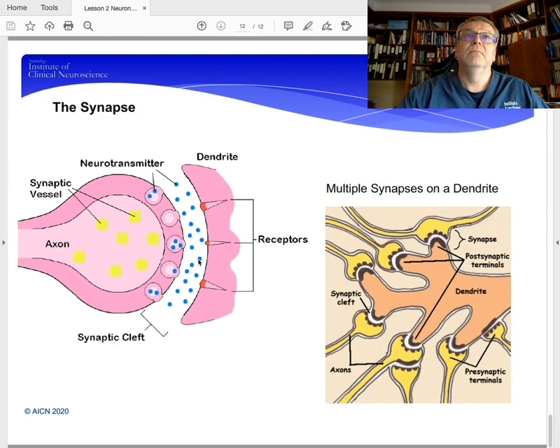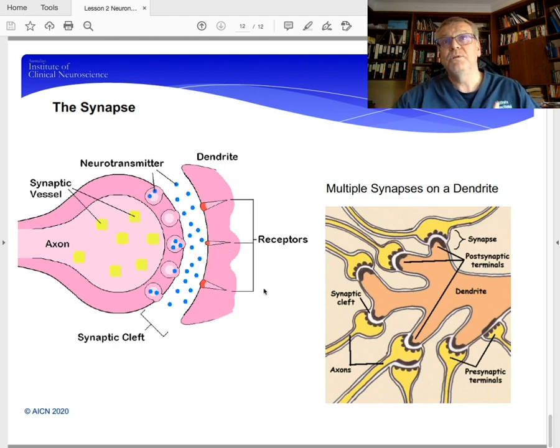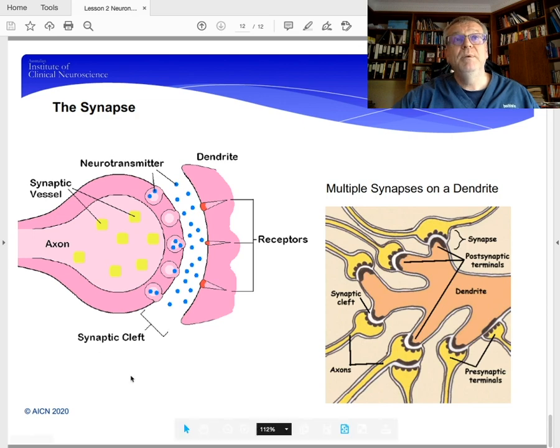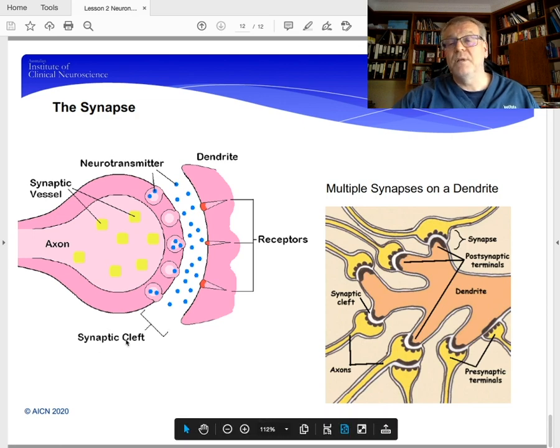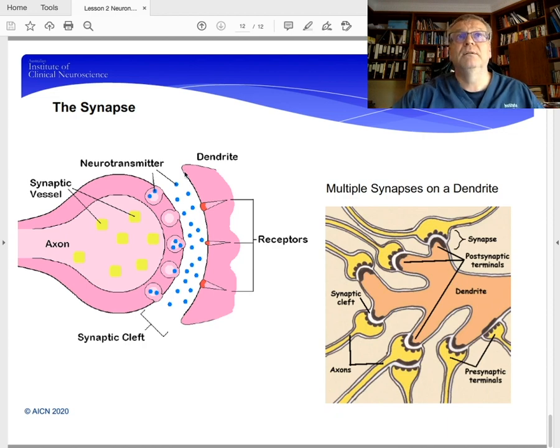That will result in changes in this postsynaptic neuron, which may result in another action potential down the chain. But it's also important to realize that once the neurotransmitter is released, not all of it gets taken up by these receptors. Some will diffuse away, and some will be taken up by those astrocytes that we talked about that are sitting in close contact around these synaptic structures.